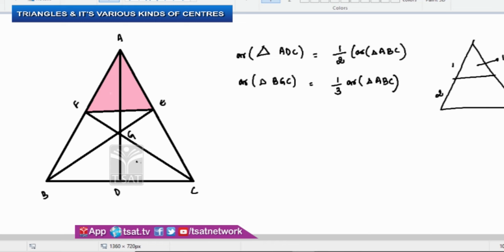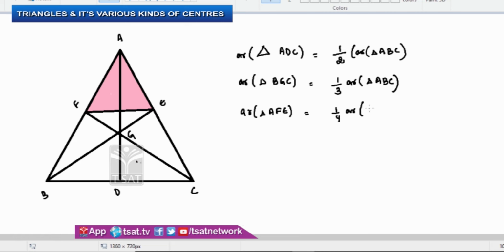Therefore, triangle AFE is 1/4 of the total triangle ABC. Area of triangle AFE is equal to 1/4 of area of triangle ABC.